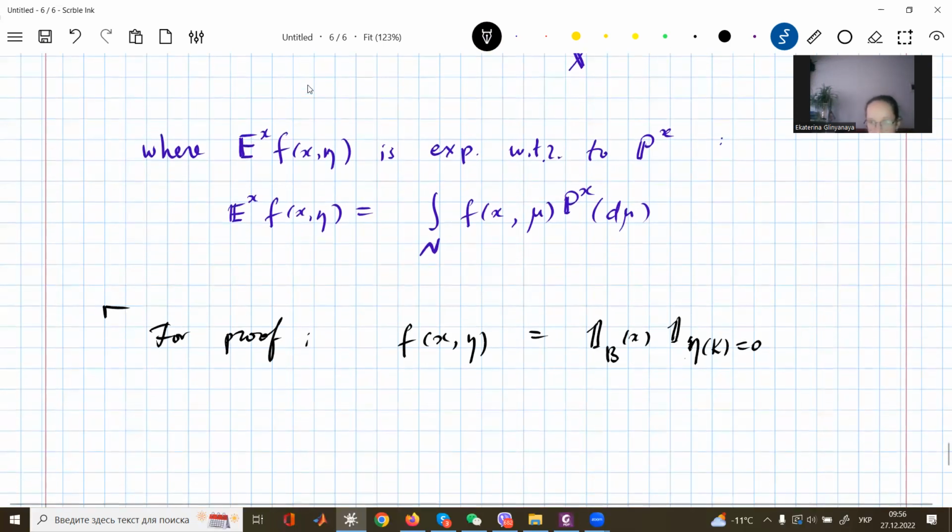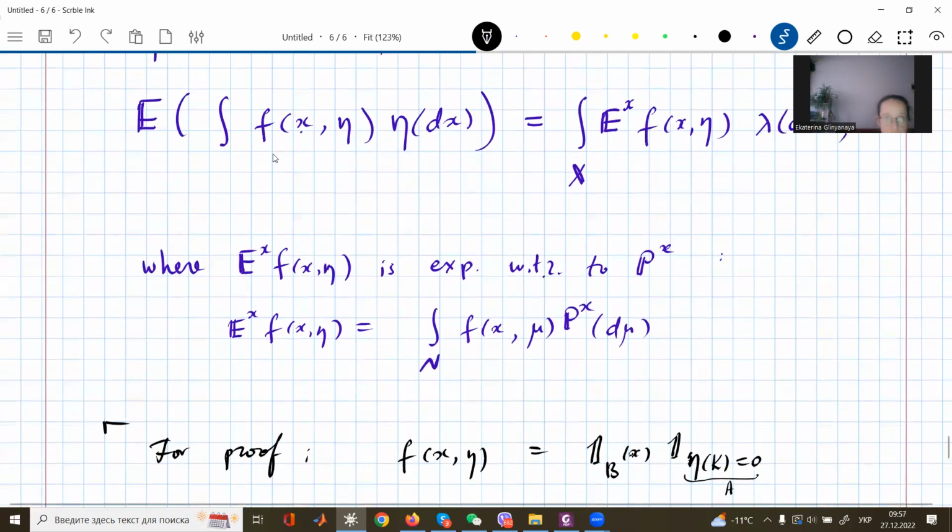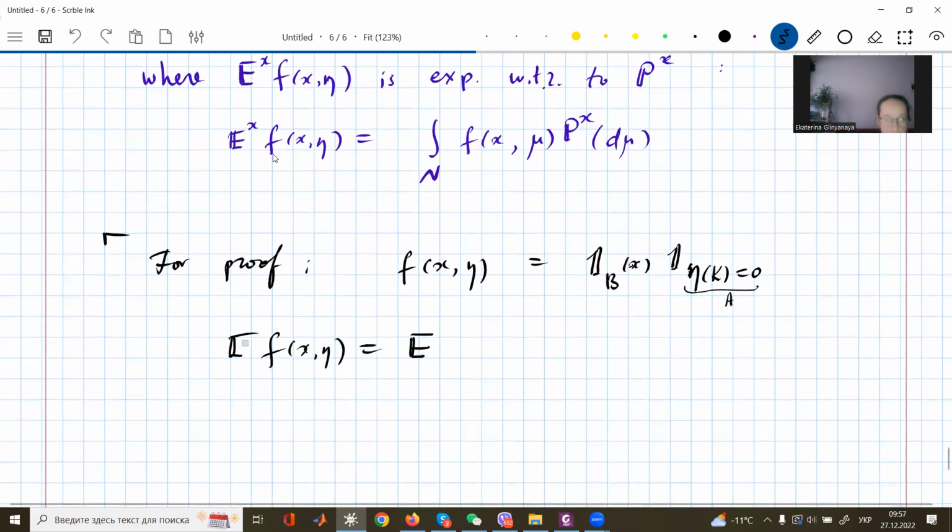If you denote this by A and consider this function, just the expectation of x eta, this will be the expectation of the integral with respect to process eta.